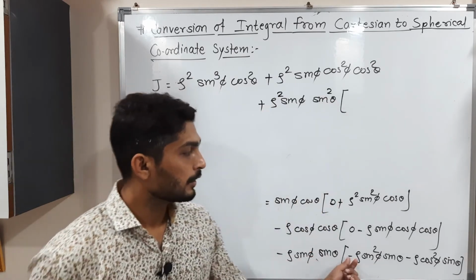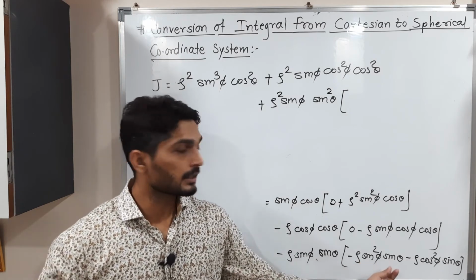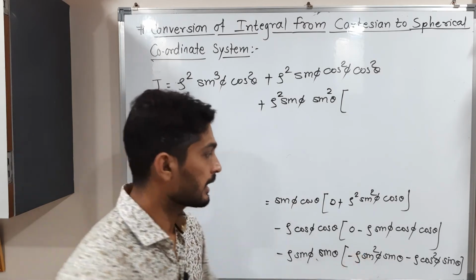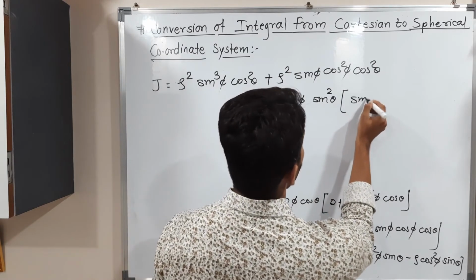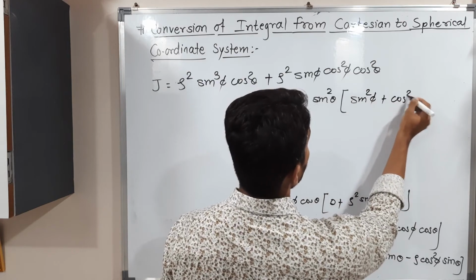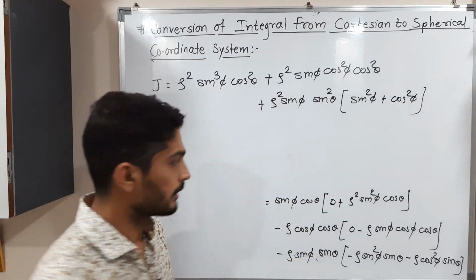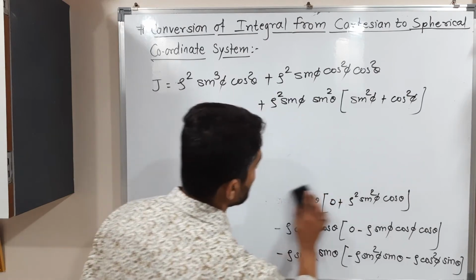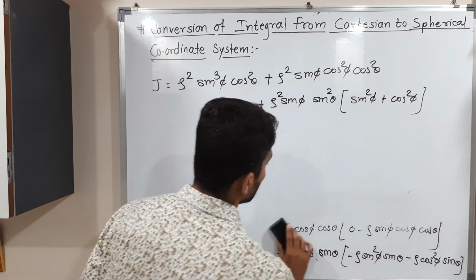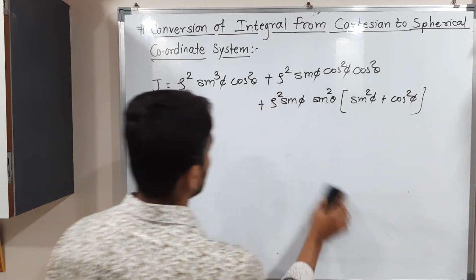We have taken the minus sign common, rho common, and sin theta common. So in the bracket, what will we have? Sin square phi plus cos square phi, right? You know that sin square phi plus cos square phi is 1. So let me remove it. Its task is over now. Just a minute, let me remove it and we will go further.